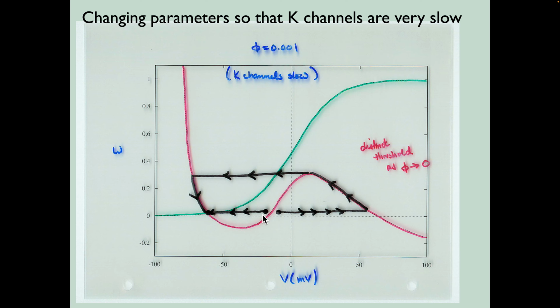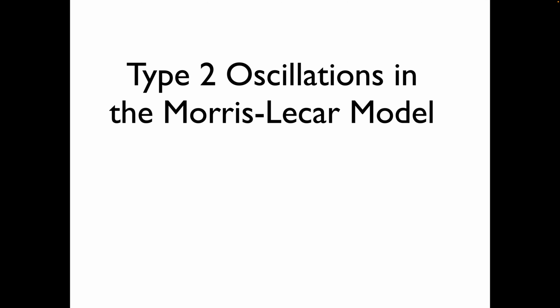You can actually see that the threshold that determines whether you have an action potential or not is given by this branch of the voltage null line that we call the unstable branch, meaning that for a particular value of W, it would correspond to an unstable steady state that was between the two stable steady states for that given value of W. Okay, so this is the explanation for why action potentials are occurring in this model.